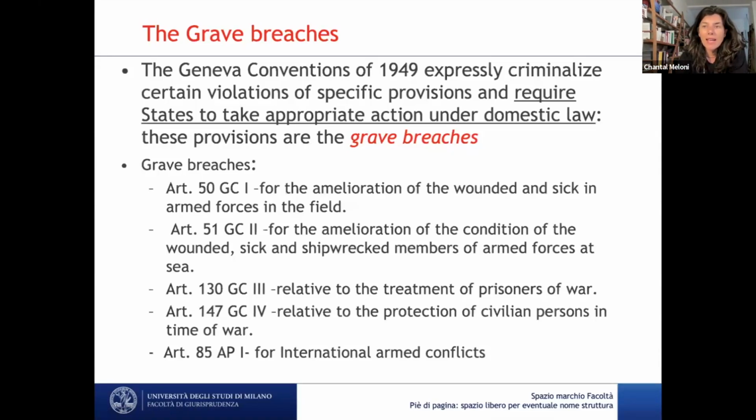In the one case, the criminalization of international humanitarian law is the war crimes regime, and in the other case it is the crime of aggression.